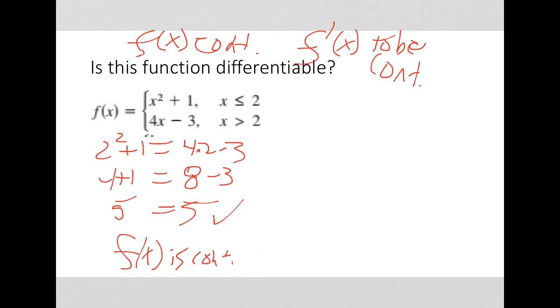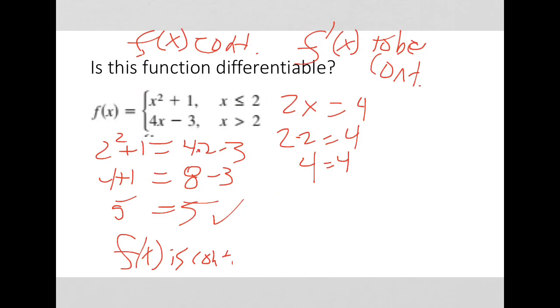If we want this to be differentiable, we need the derivatives to equal each other at that point as well. So x squared plus 1, derivative of that is 2x. Is that equal to the derivative of 4x, which is 4, at the x value of 2? Plug in 2. Does 2 times 2 equal 4?